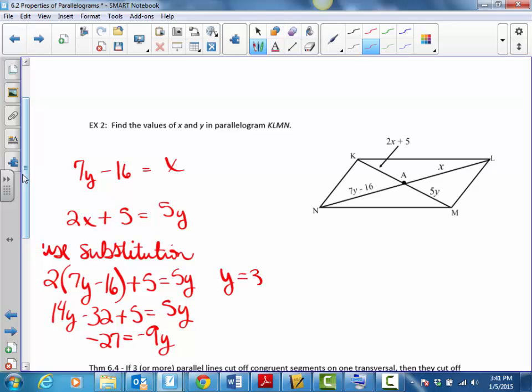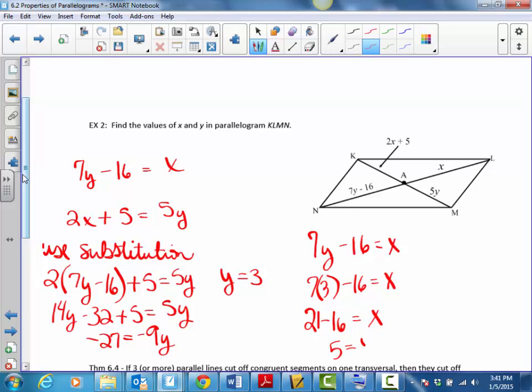So Y equals 3. Now I'm going to take the value of Y and substitute that back into 7Y minus 16 equals X. 7 times 3 minus 16 equals X. 21 minus 16 equals 5. So X equals 5.